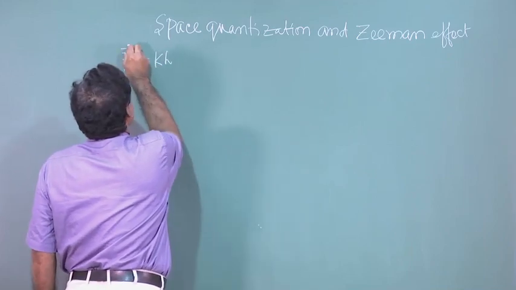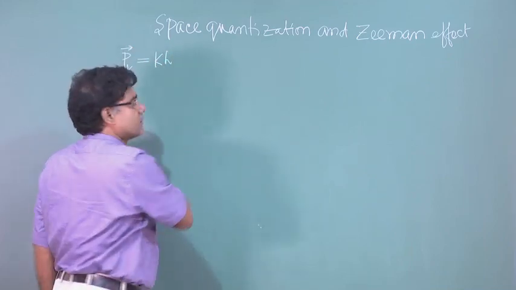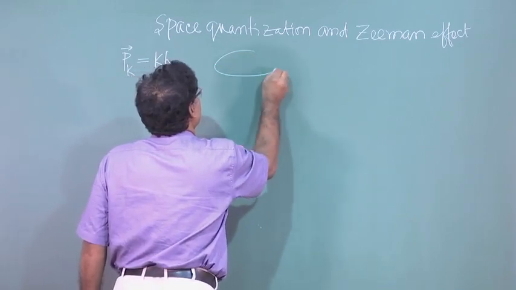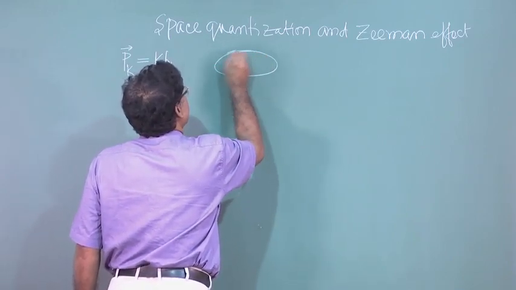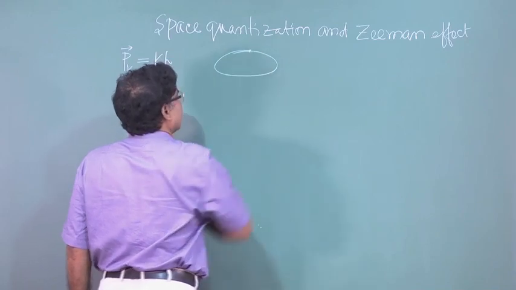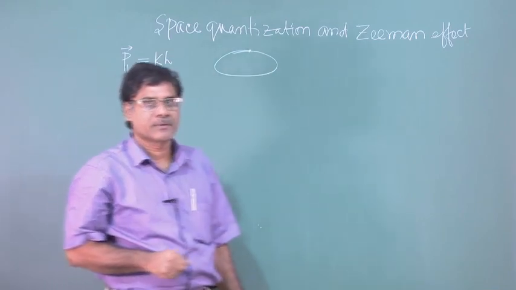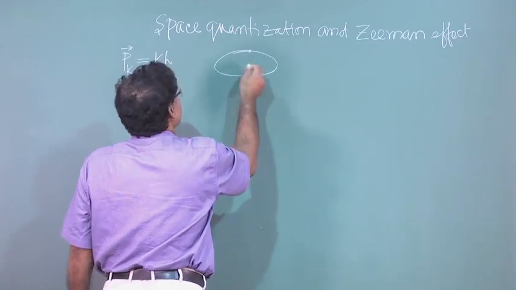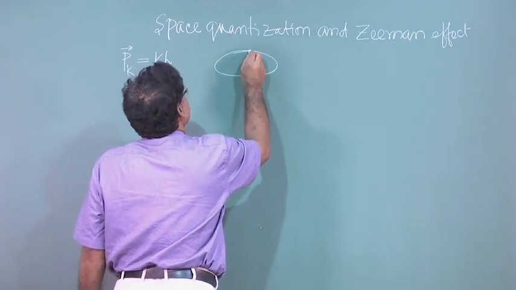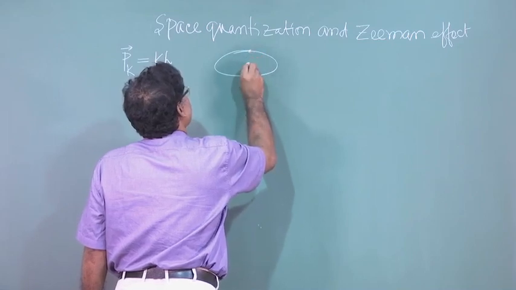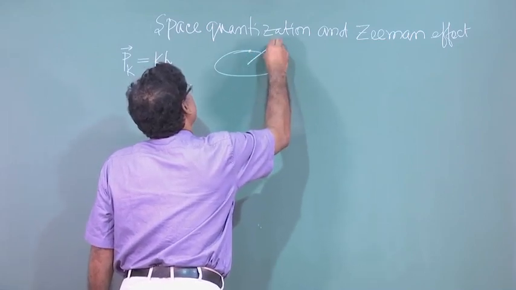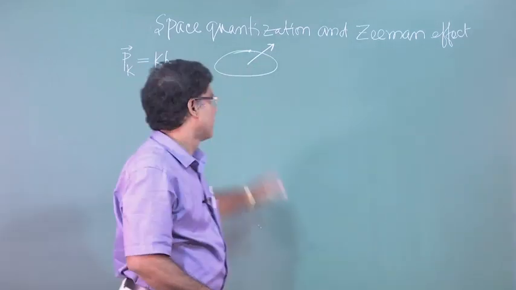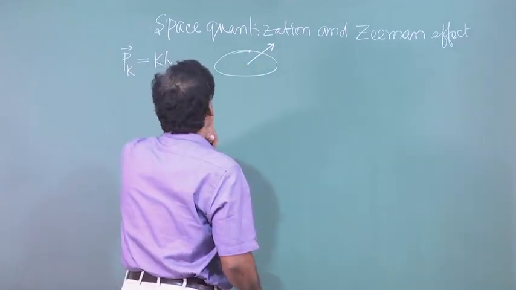There is a direction of this one. The electron is rotating in an elliptical orbit, and its angular momentum Pk is basically perpendicular to the plane of the orbit.